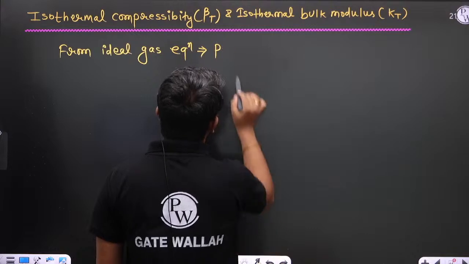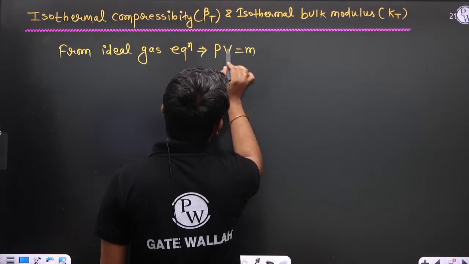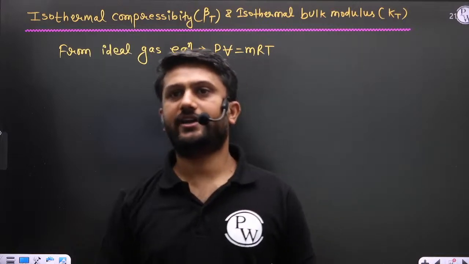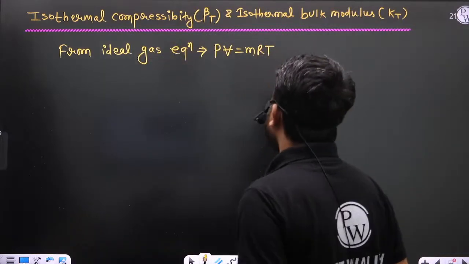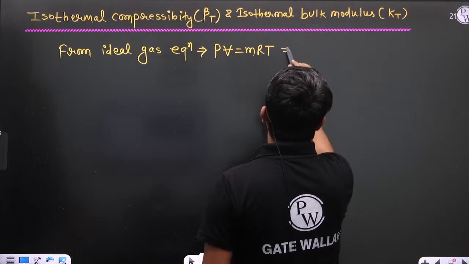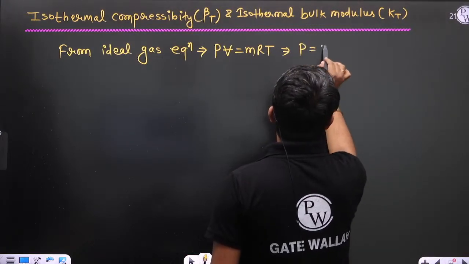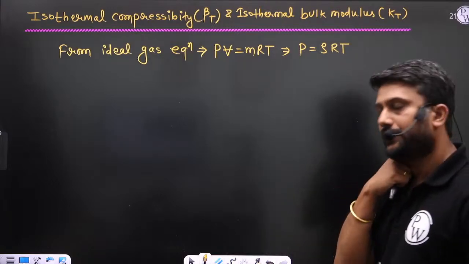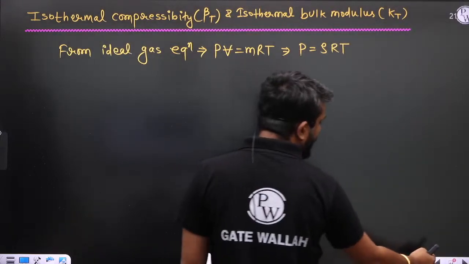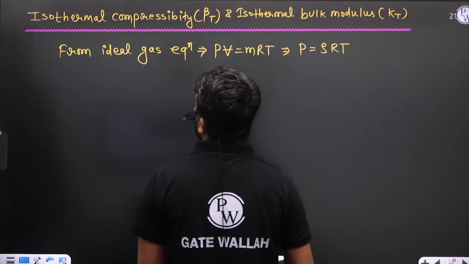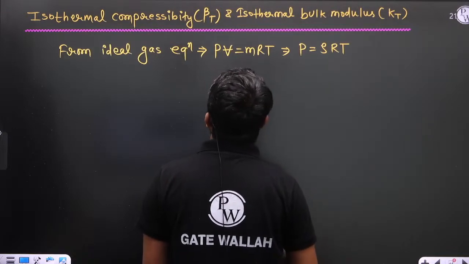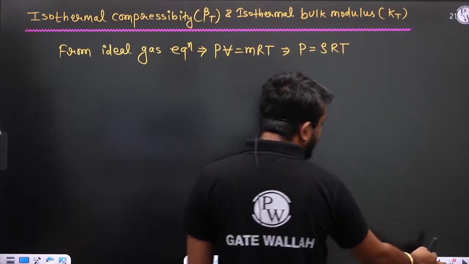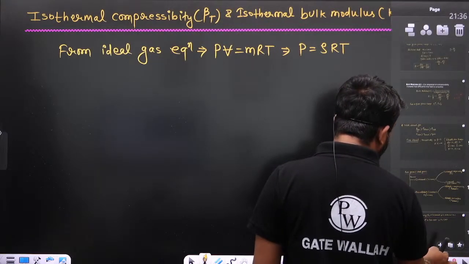This is the ideal gas equation. Or we can write P is equal to rho RT. Fine. Now see, if I'm talking about the isothermal compressibility, now do one thing. Isothermal means temperature is constant.